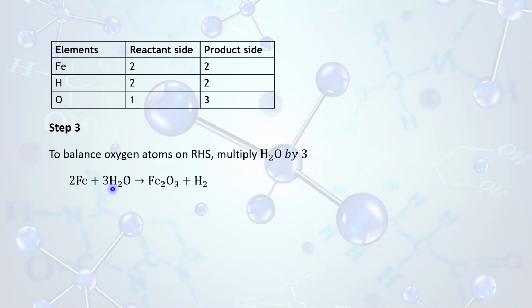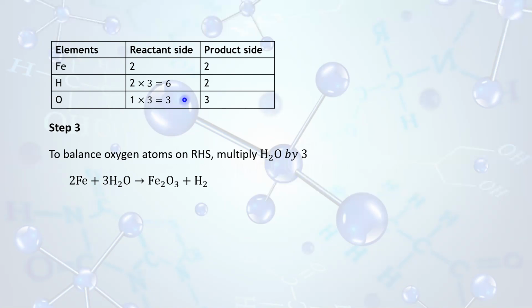And after multiplication, you can see the number of oxygen atoms changed to 3. At the same time, hydrogen will also change. So oxygen changed to 3 and also hydrogen. Now the hydrogen atoms are 3 into 2, total 6 atoms.